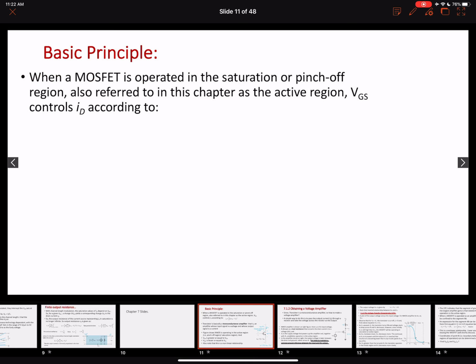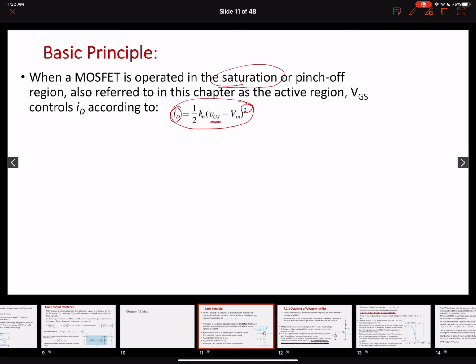We just discussed this basic principle that when a MOSFET is operated in the saturation region, our gate to source voltage can control the drain current, which is provided by this equation. Here's the output drain current, here's the input gate to source voltage, and this is a square relationship.